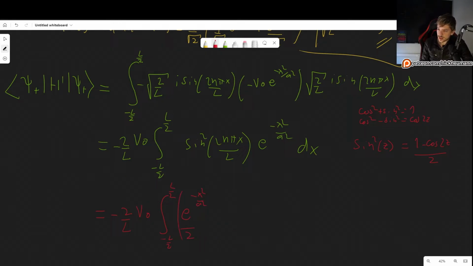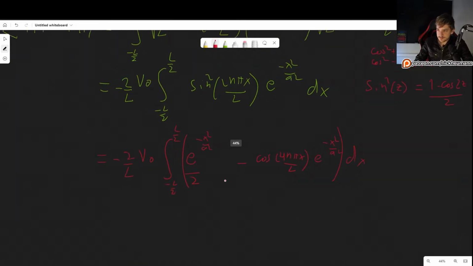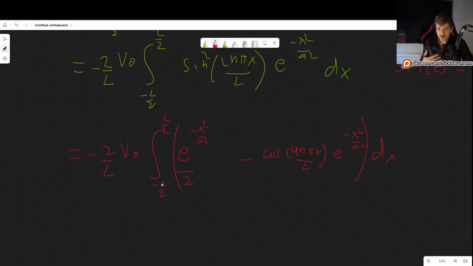And then we have minus cosine of 2 times this, so 4 times n pi x over L, and e to the minus x squared over a squared dx. So the first integral is very easy. If we, of course, approximate a to be much, much, much smaller than L, as we did before, it's in fact the same integral. This other integral could prove to be a little bit more difficult.